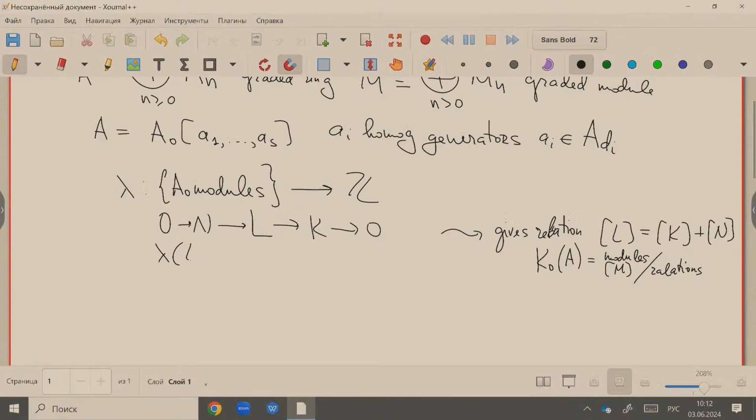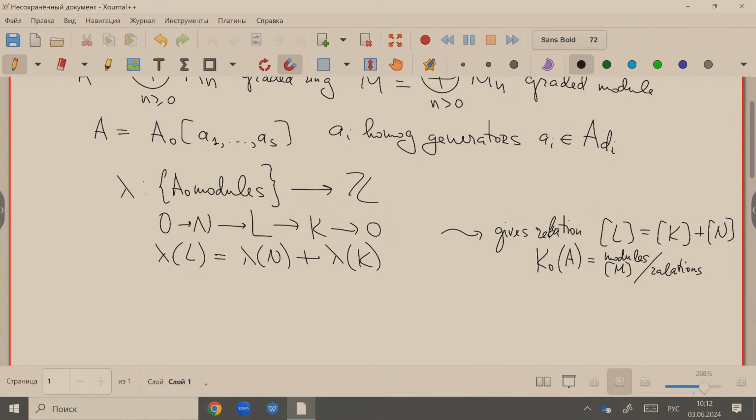And this function should satisfy precisely that lambda of L is equal to lambda of N plus lambda of K. And this means simply that this is a function, a homomorphism on the K group.